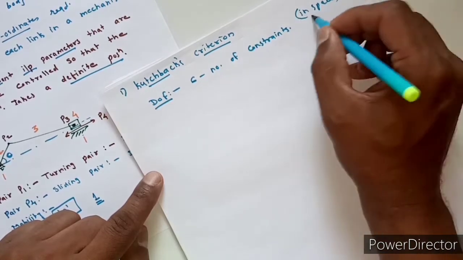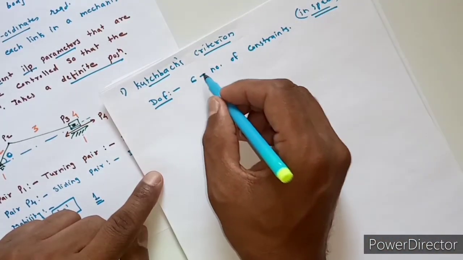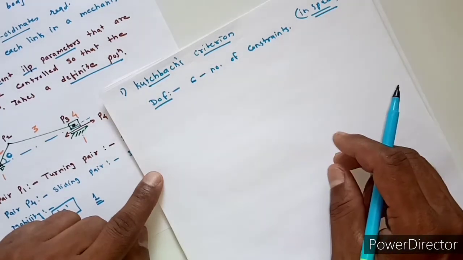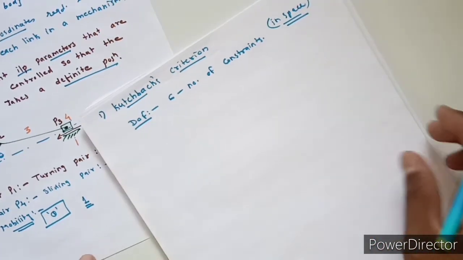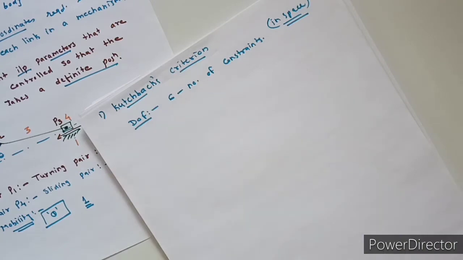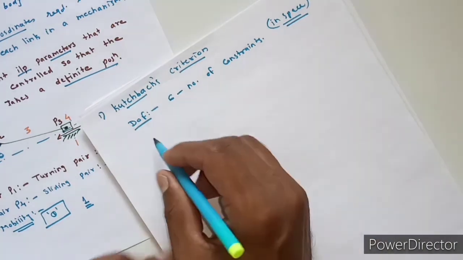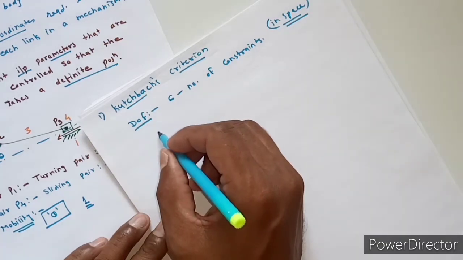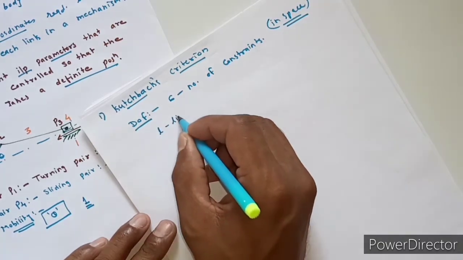If you consider a mechanism in space, the total number of degrees of freedom will be 6 minus whatever number of constraints we are applying to the mechanism. So let us suppose that your mechanism consists of L number of links.